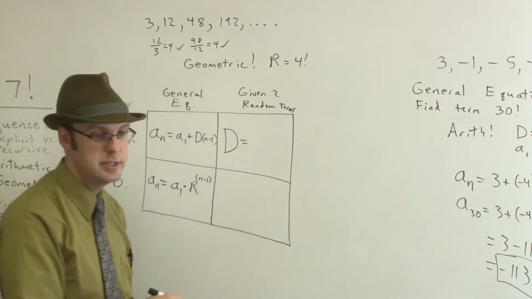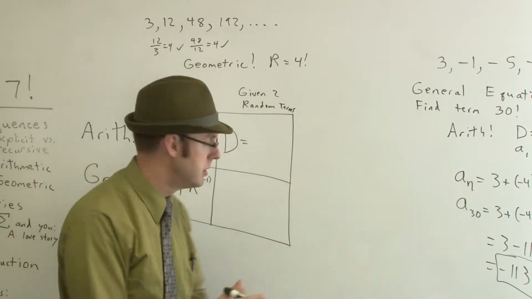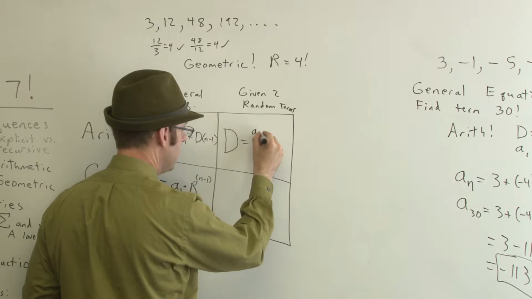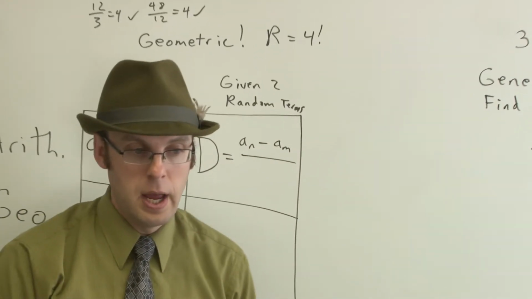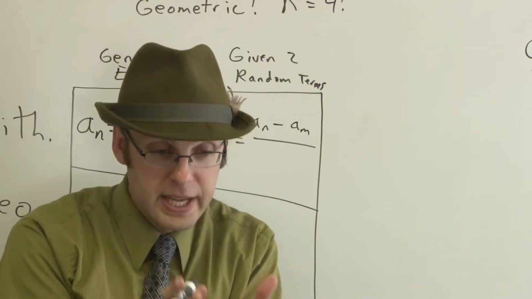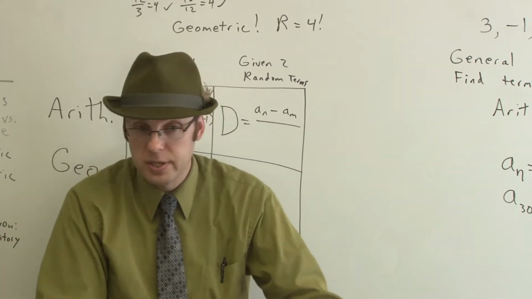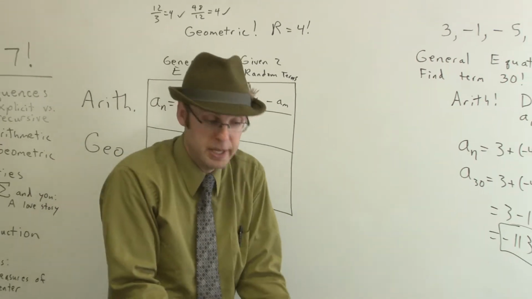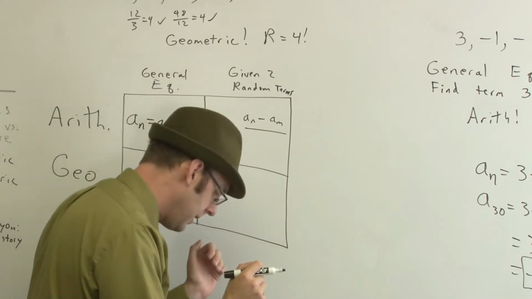The common difference is going to be how far apart are those two terms. So I'm just going to subtract the values of their two terms. And then to get how big each step is, I'm going to divide the total distance by the number of steps. That tells me how big each step is, as denoted by that.